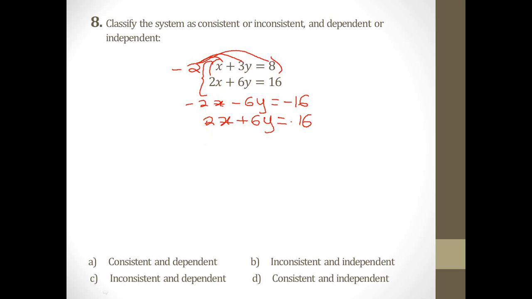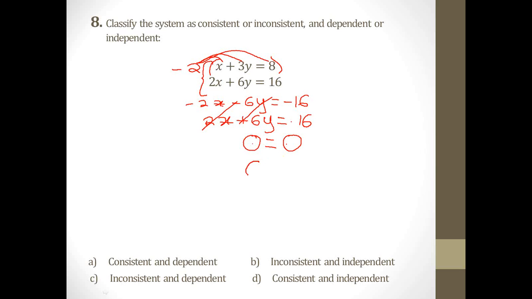As you can see, everything cancels. This cancels, that cancels, they cancel to 0. And on the other side, this also cancels to 0, which means I have a consistent and dependent system. Every single time that both sides match, this should be a consistent dependent system.